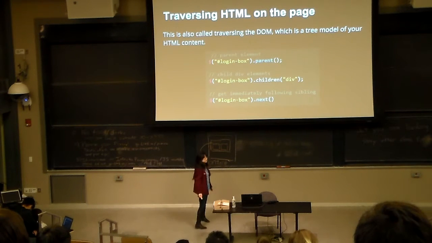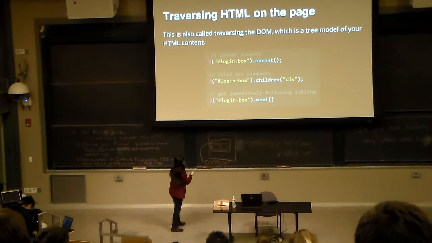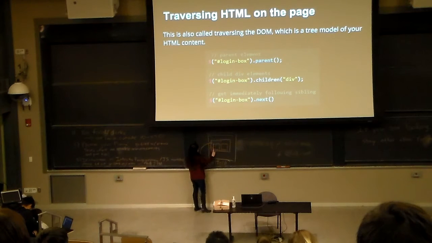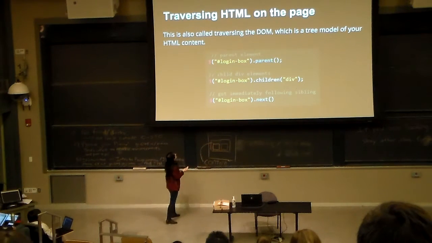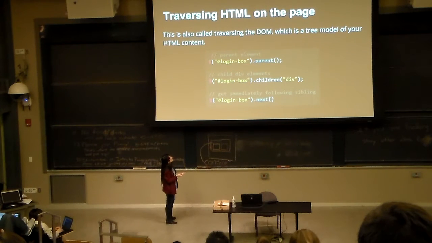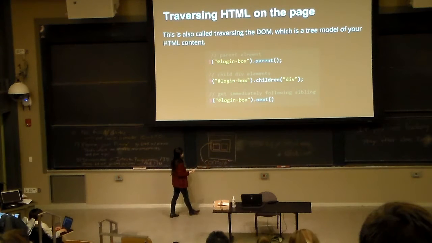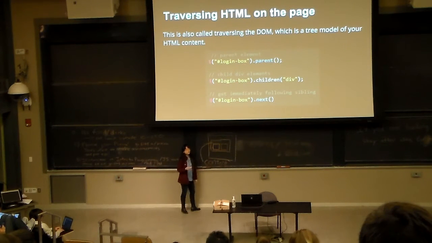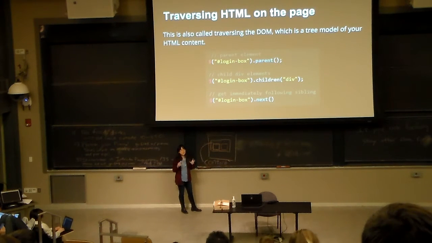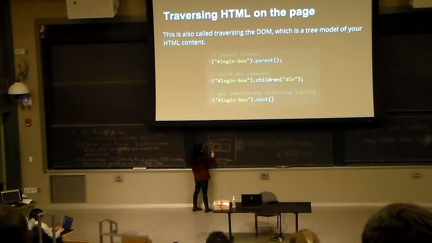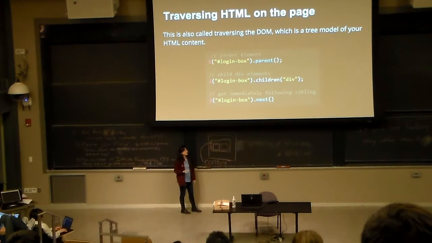So in this example, when you select login box, it's going to select this box because this is the element with ID login box. When you use the jQuery function .parent, it looks for the parent element of the login box. So the parent element is the one that's directly, so login box is directly enclosed by its parent element. So in this case, it would be this outer box, content. So it has to do with how you're nesting your HTML elements.